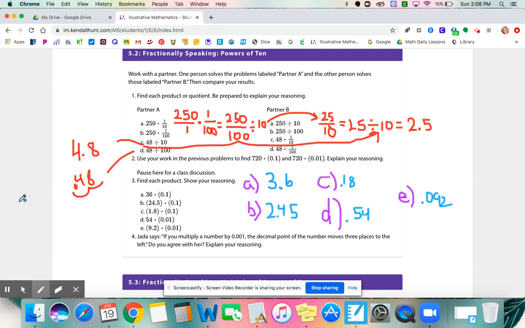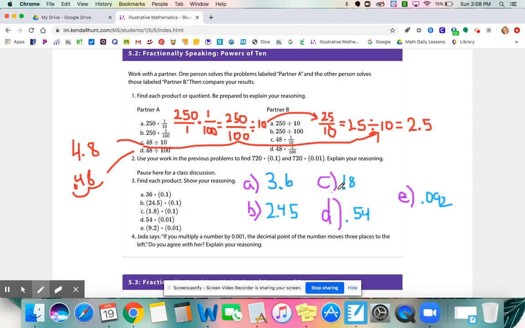All right, so there are the solutions to these. If we are multiplying by a tenth or 0.1, remember that this is the same as what I did up here. It's just the decimal format of that fraction. So 36 times 1/10 or 0.1 moves the decimal in one place. Same with the 24.5. I moved it in one place into the 4.